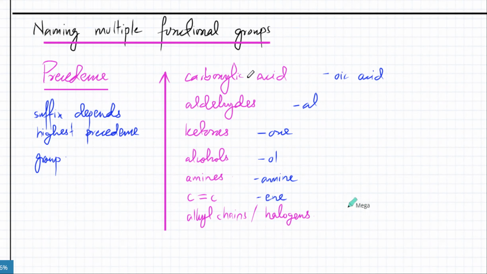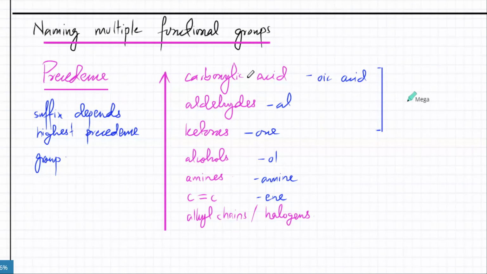Now, the top 3, the first 3, they always remain a suffix. No matter what, they would be named at the end of the name. And I'm going to explain how.